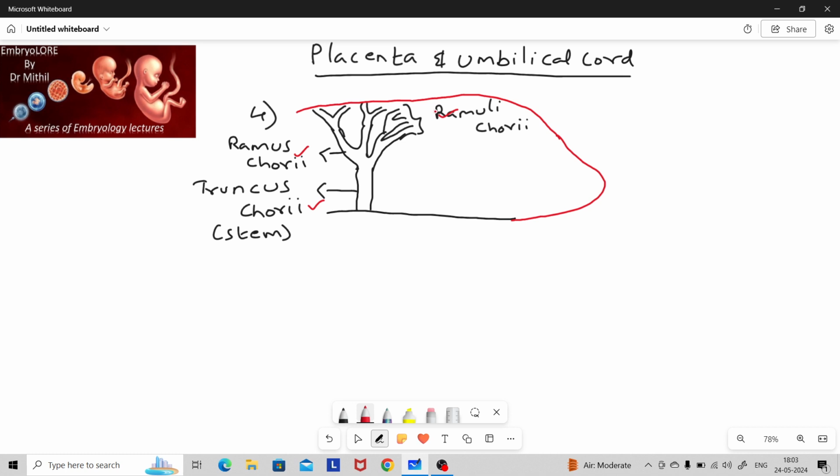Now whatever we have learned is actually the functional and structural components of the placenta.